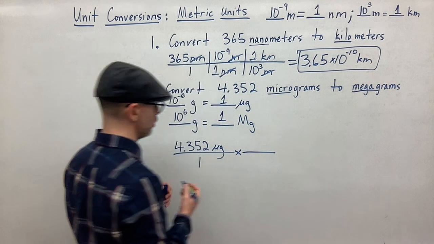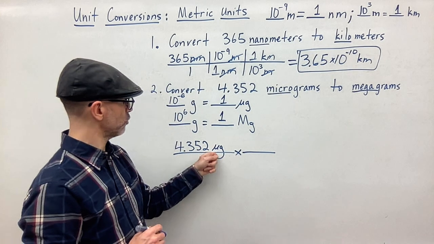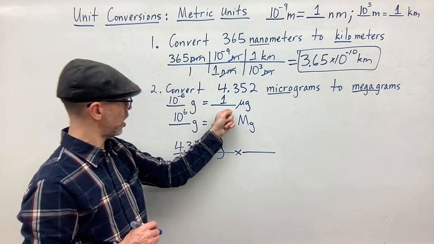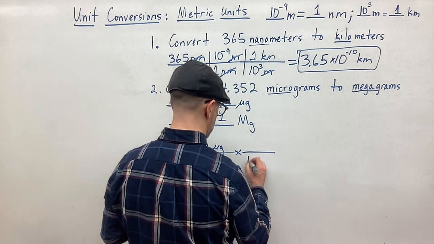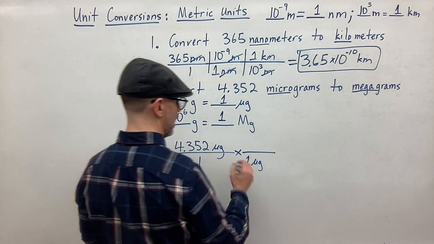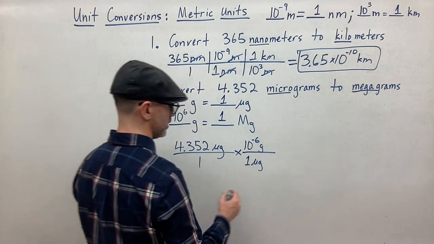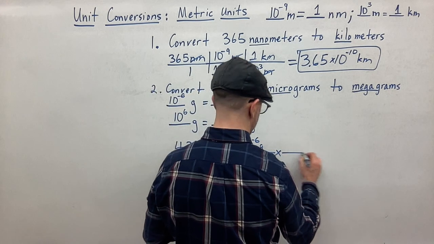So I'm going to multiply by my conversion factor. Since I have micrograms on top, I want micrograms on the bottom. So 1 microgram is equal to 10 to the negative 6 grams. So 1 microgram goes on the bottom, and 10 to the negative 6 grams goes on top. So micrograms cancels out. Now I have grams.